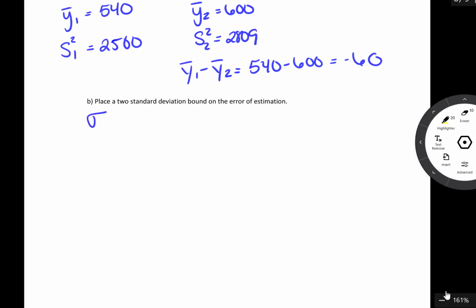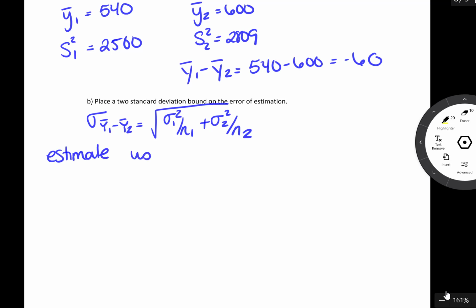So notice here that sigma of Ybar 1 minus Ybar 2 is equal to the square root of sigma squared 1 divided by n1 plus sigma squared 2 divided by n2. One way that we could do this is to estimate these using our 2 sample variances. And so this would give us the following.